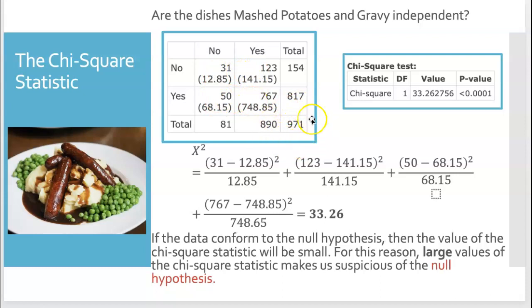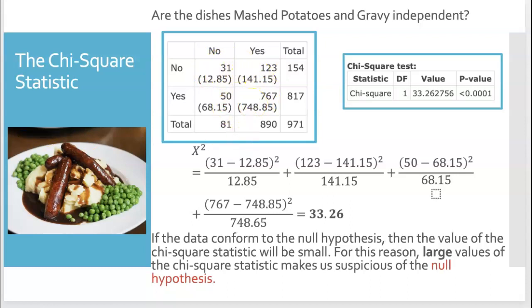Previously we saw degrees of freedom like 971 minus 1, your sample size minus 1, and that's not the case here. When we're talking about these goodness of fit or chi-square statistics, we're talking about the number of cells. I just need to know the outcome of one cell in order to know the rest.